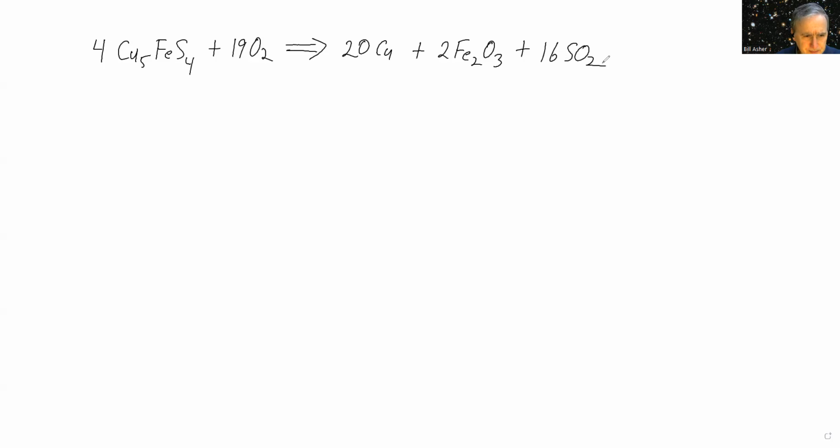Okay. And the problem says, well, my version, yours will probably say something different, 2.30 metric tons, MT for metric tons, of Bornite is reacted with excess oxygen. So this is how much Bornite there is. And remember, 1 metric ton is equal to 1,000 kilograms, or 10 to the third kilograms.